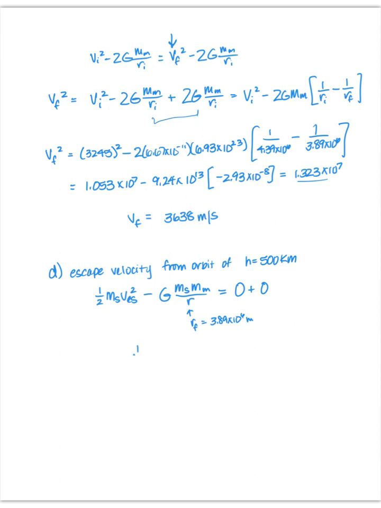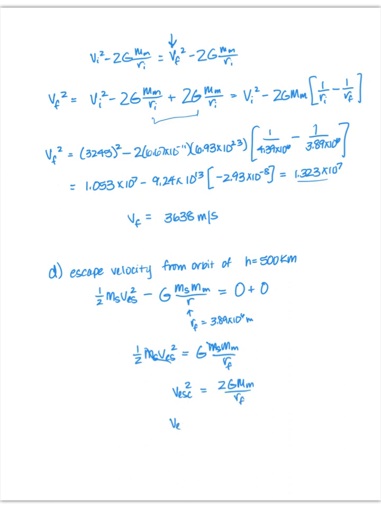If we rearrange this equation, we can set these two terms equal to each other. And we can get rid of the mass of the satellite. It doesn't matter. We multiply by 2. We find the escape velocity squared could be given by 2G, the mass of Mars, over r final.